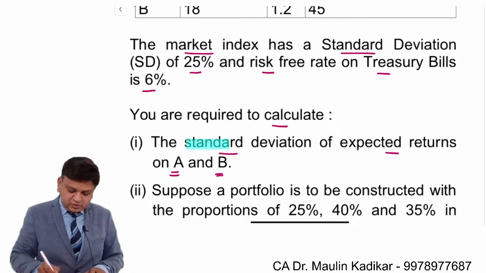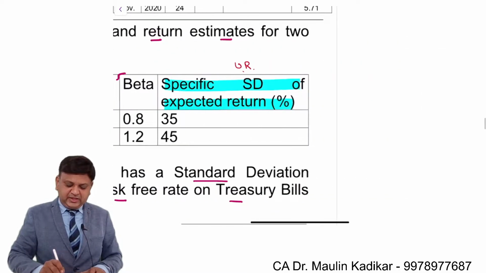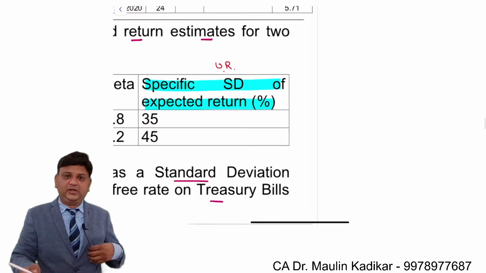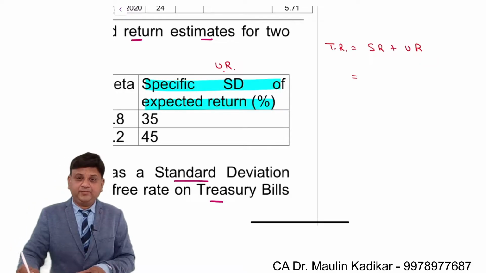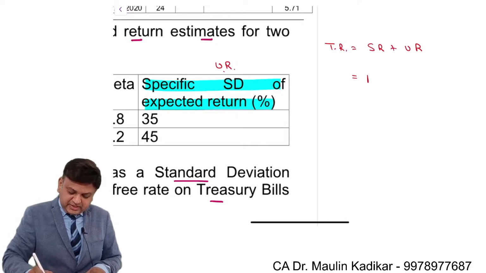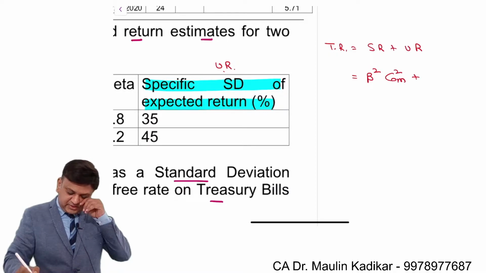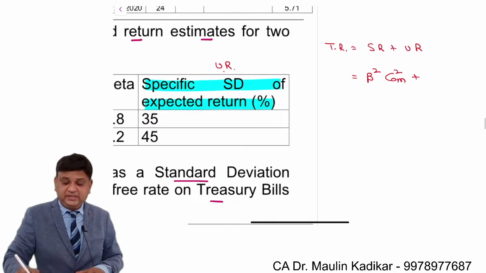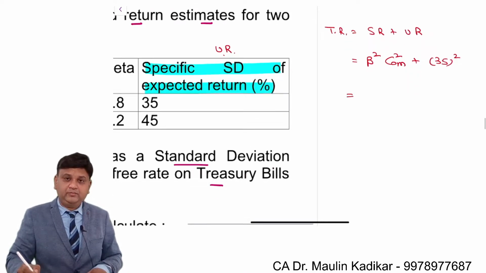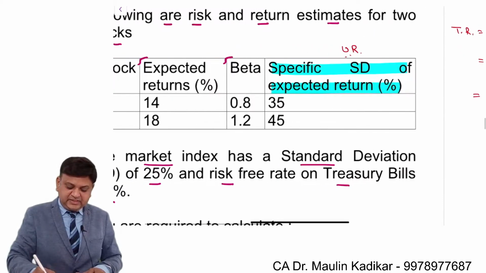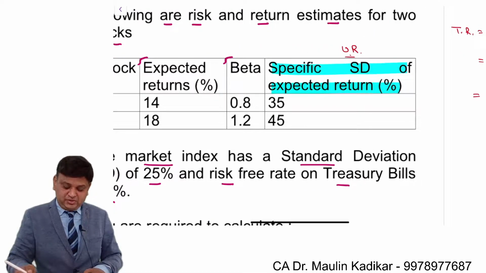We have to compute the standard deviation, dear students, and for that, first of all we can calculate the variance. That is, the total risk is equal to systematic risk plus unsystematic risk. Systematic risk can be calculated as beta square into sigma m square, plus unsystematic risk, that is 35 raised to 2, because we have been provided with the unsystematic risk directly in the question.